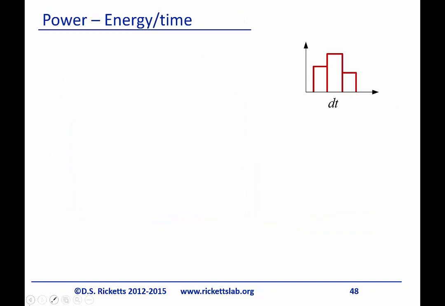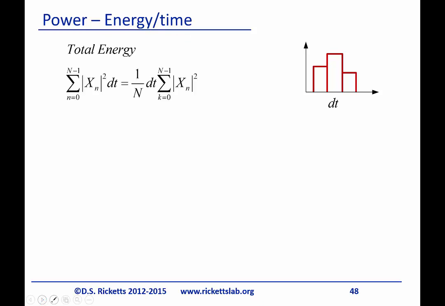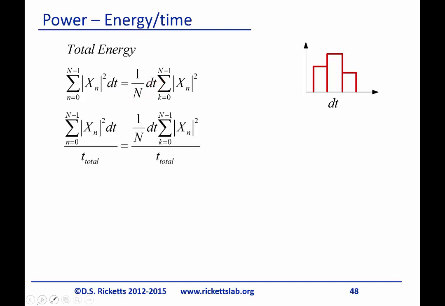Let's go back and look at this idea of energy, and we're going to talk about power as being energy divided by time. So let's take a look at the total energy we had before. Once again, I'm using Parseval's theorem, and then I'm adding my little dt in here. So this is exactly the equation we had before. I'm keeping the dt for a moment, and I'll show you why. Now I'm going to normalize by the total time of our signal.